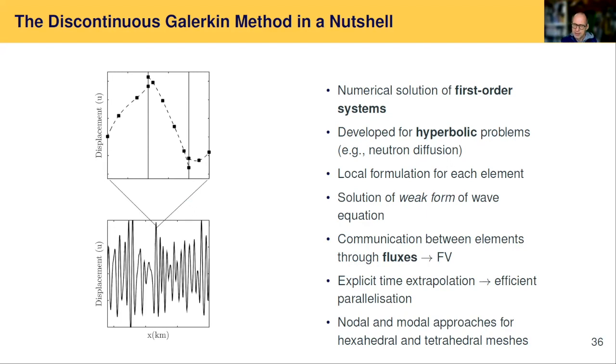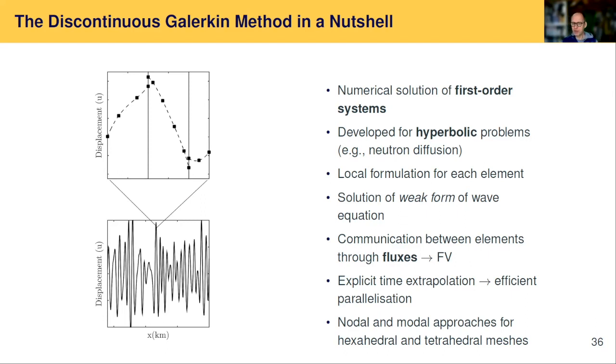Something I'd like to say here: the Discontinuous Galerkin method is a little bit the result of taking the best of everything. The best of spectral element methods is the Lagrange interpolation, so we use the same Lagrange interpolation functions inside the element. We take the best of the finite volume method because we make use of the flux, exactly the same flux terms that were introduced in the finite volume method.